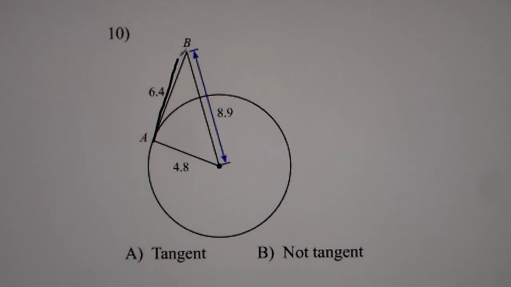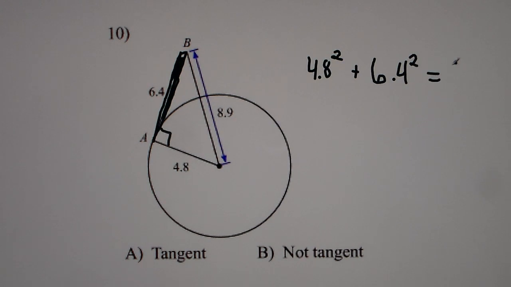we want to determine is this green line AB tangent to the black circle. Right angle there. 4.8 squared plus 6.4 squared.